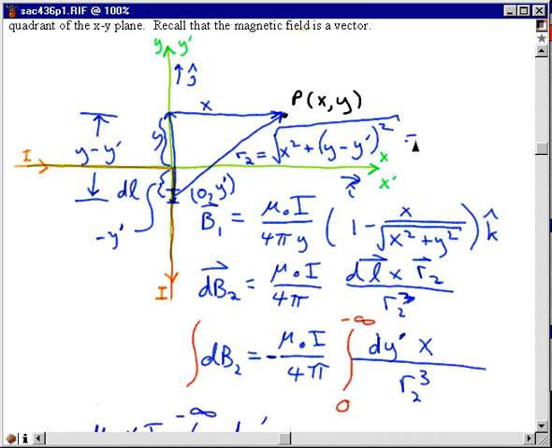R2 itself is this expression, which I can write as x squared plus y minus y prime, all squared, to the 1/2. And if I cube that, I can multiply the exponent by 3, so it'll be that same expression raised to the 3/2.